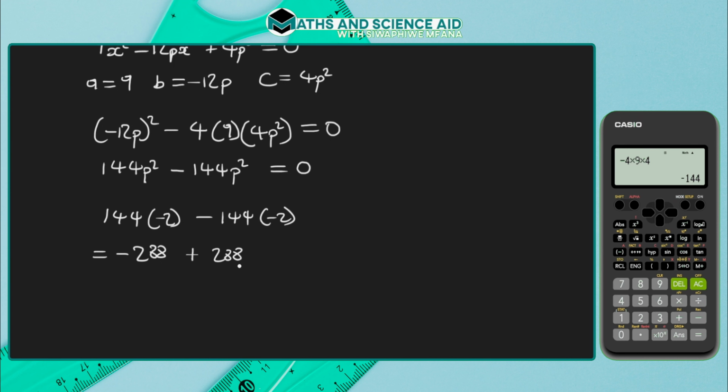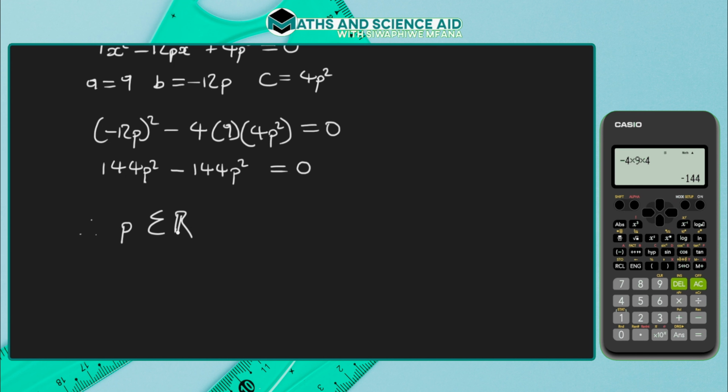It's still 0, and you can do this on and on. You can try any value that you want, but this is always going to be equal to 0. In terms of the question that we were being asked here, basically it means that the solution for this question is that p can be any value. So it's the element of real numbers.